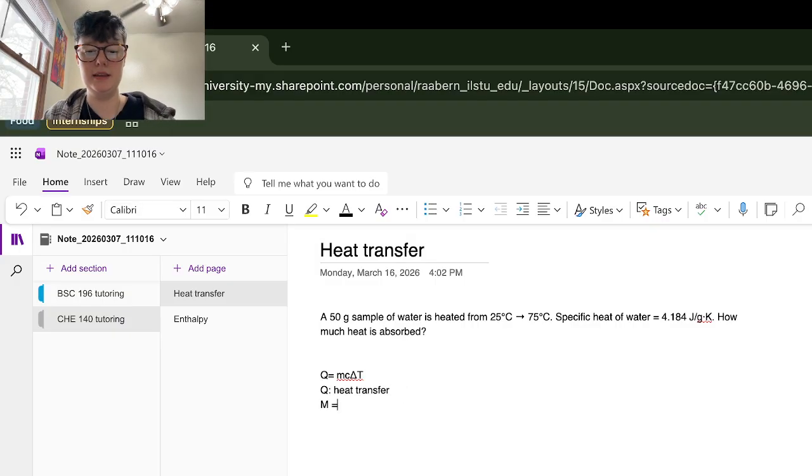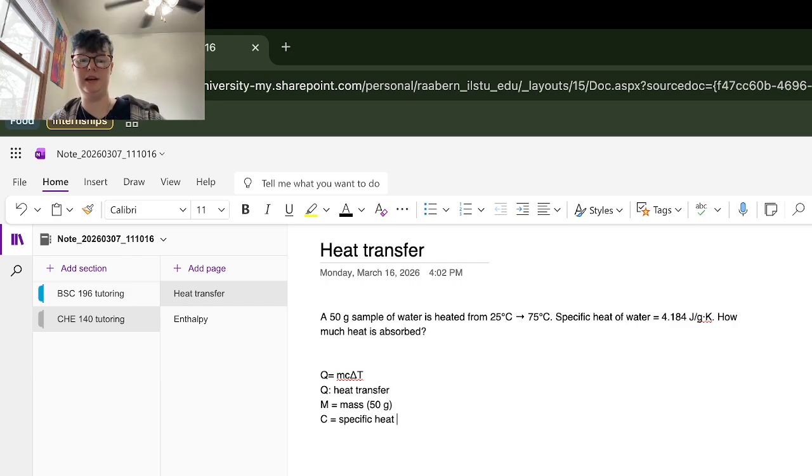M in this case just means mass, so for this very specific example that would just be 50 grams. And then we have C. C is just the specific heat, which will almost always be given, and it will normally be for water. Very unlikely you will get it for something other than water on your exam.